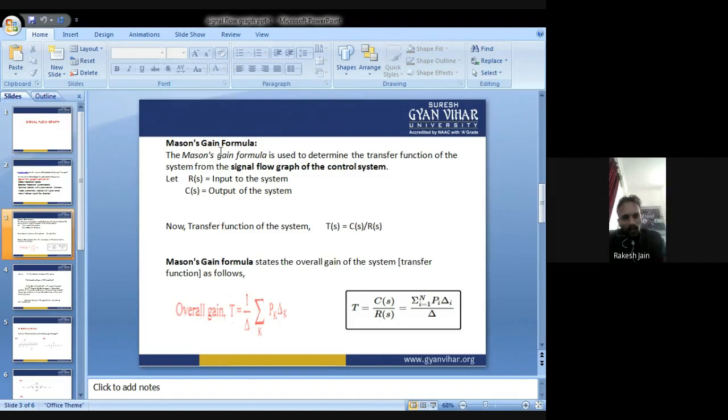If there are two forward paths, then the transfer function C(s) upon R(s) is equal to T1 delta 1 plus T2 delta 2 upon delta. One more example, let's suppose there are three forward paths, then the transfer function will be C(s) upon R(s) equal to T1 delta 1 plus T2 delta 2 plus T3 delta 3 upon delta.